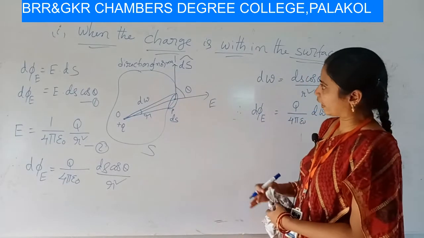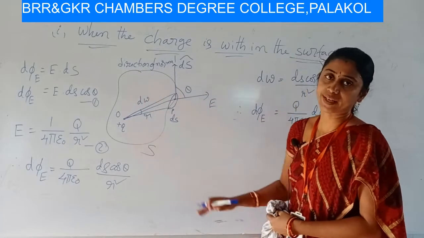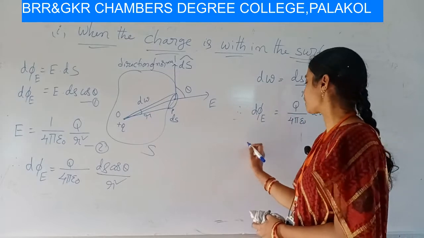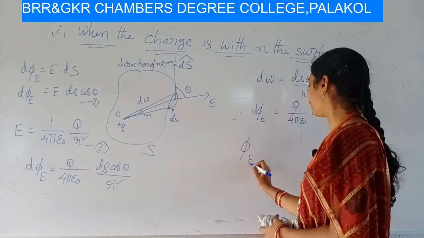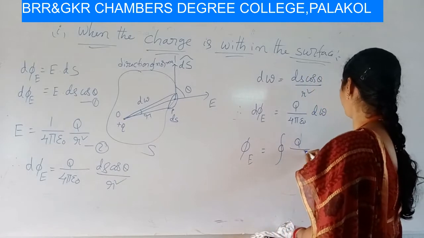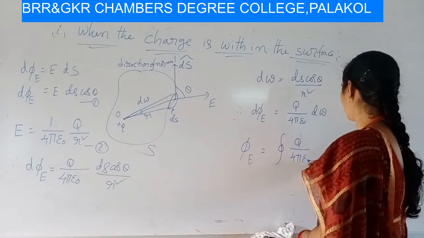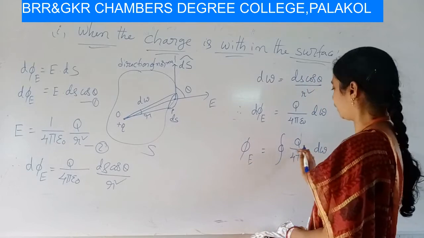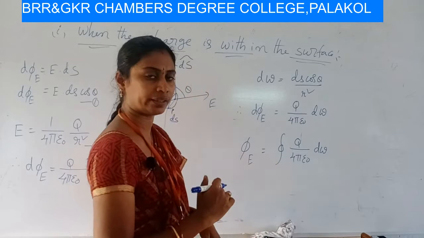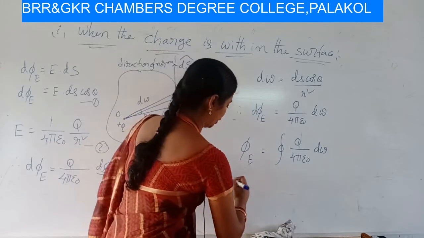So for calculating the electric flux for the entire surface, we integrate the above equation, then it becomes phi E is equivalent to closed integral Q by 4 pi epsilon naught d omega. Here this Q by 4 pi epsilon naught term is constant, so we can write it before the integration.